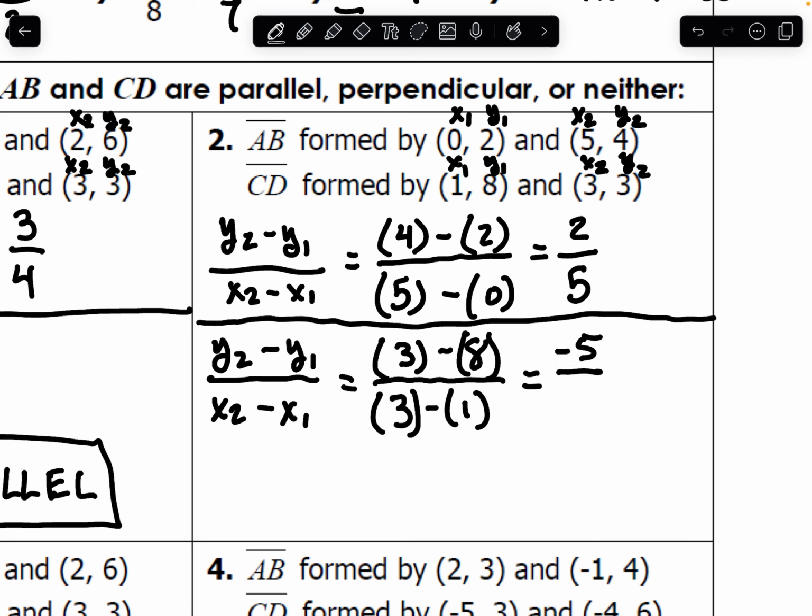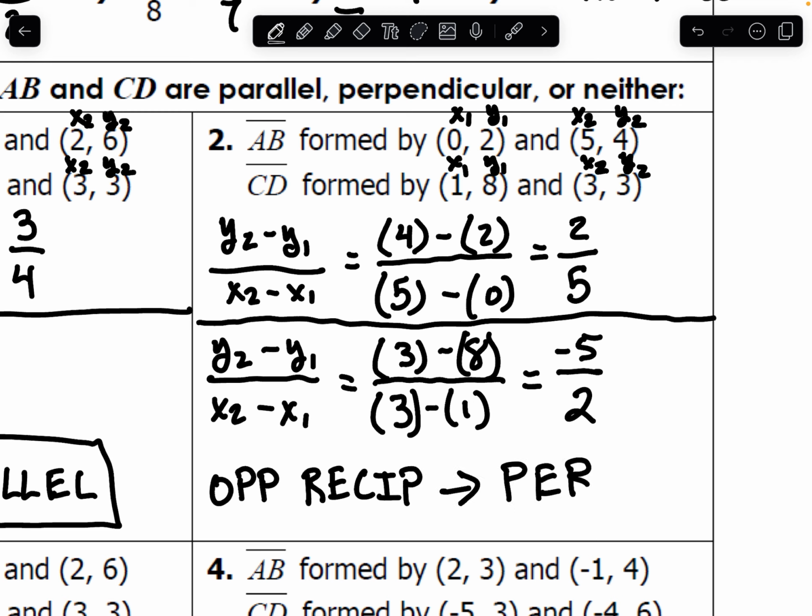So 3 minus 8 should be negative 5 over 2. And so if we look, this is what we're talking about, the flip. We had the 2 on the top and the 5 on the bottom. Now we have the 5 on the top and the 2 on the bottom, and it went from positive to negative. So that means it's an opposite reciprocal, which means that is perpendicular.